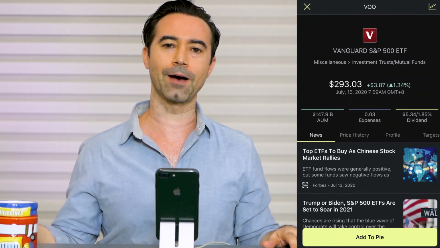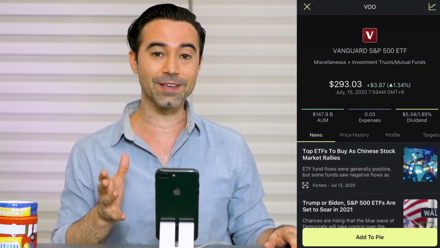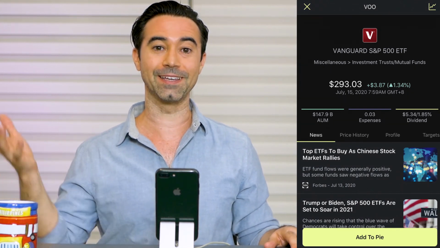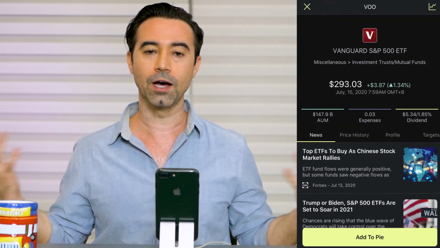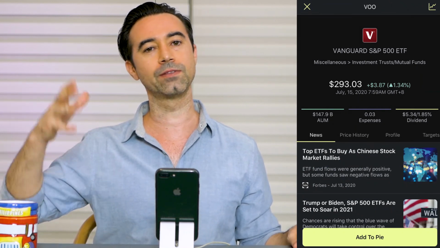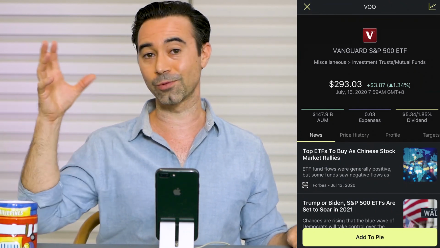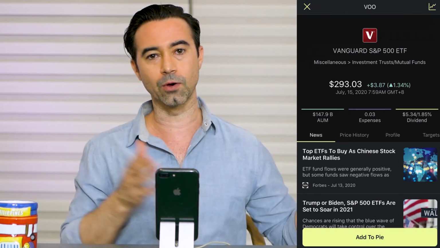So the largest company in the S&P 500 is Microsoft, because Microsoft is the largest company in the US based on its market capitalization. It's over a $1 trillion company. Then you have Apple, right? And so these are the companies that have the highest weightings in the S&P 500. Then you have the smaller companies going down the line.